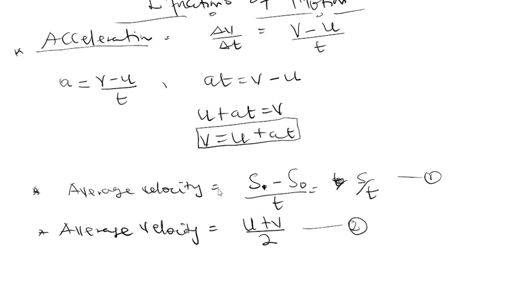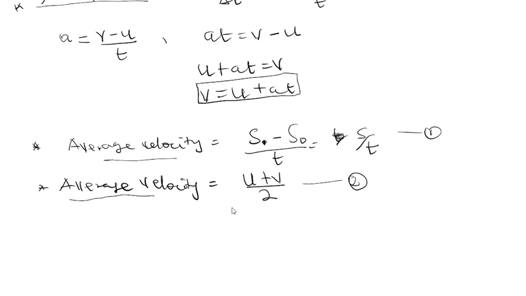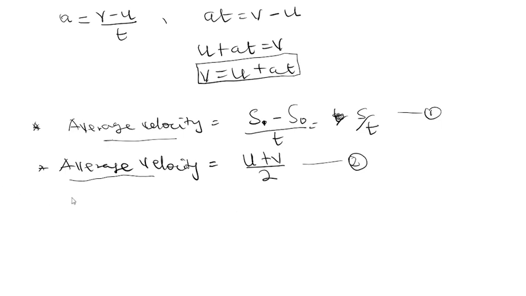Now looking at equation 1 and equation 2, this is average velocity, this is also average velocity, meaning that we can equate the two. So this can be written as u plus v divided by 2 is equal to s on t.